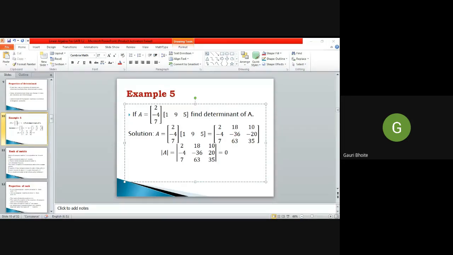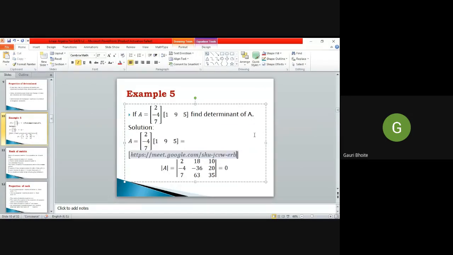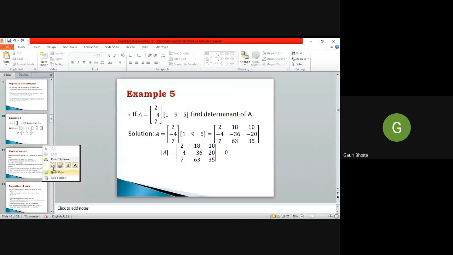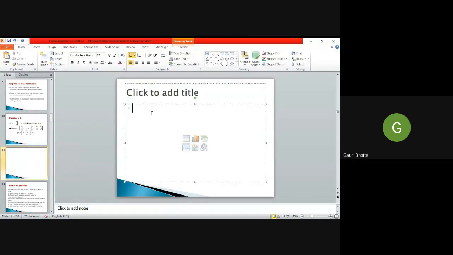Now suppose I give you a triangular matrix, and you have to calculate its determinant.